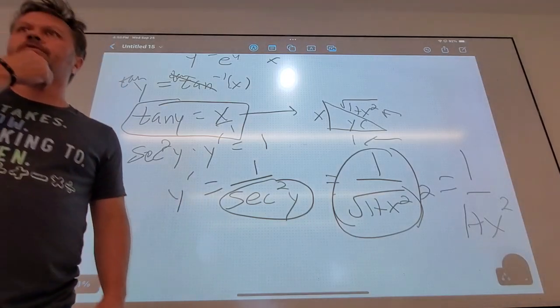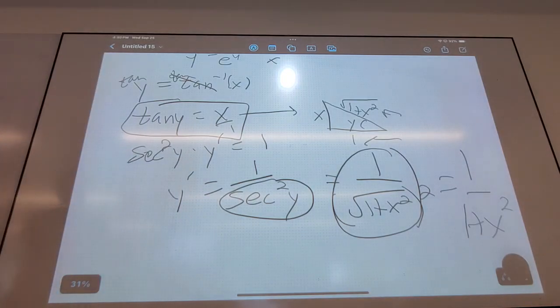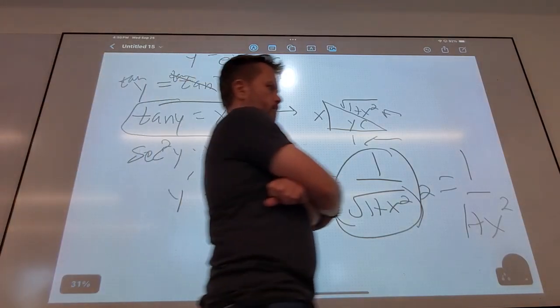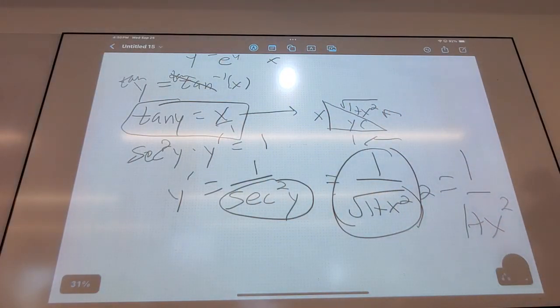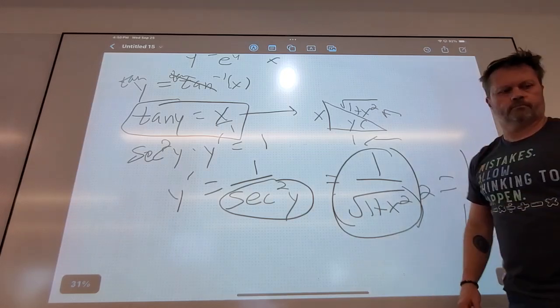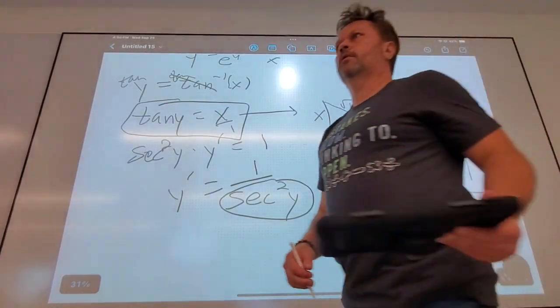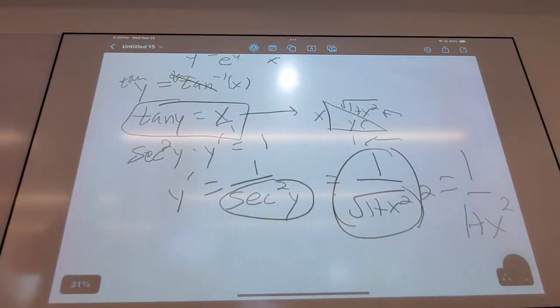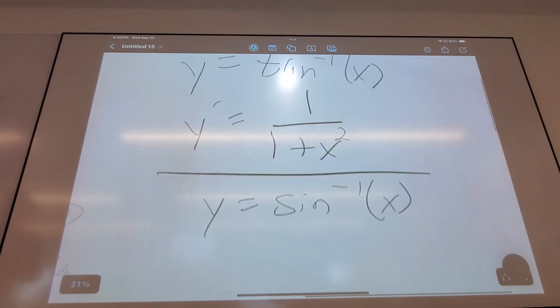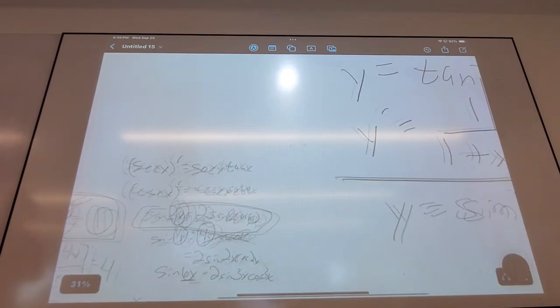Inverse sine. y equals inverse sine of x. So I want to know its derivative, y prime.